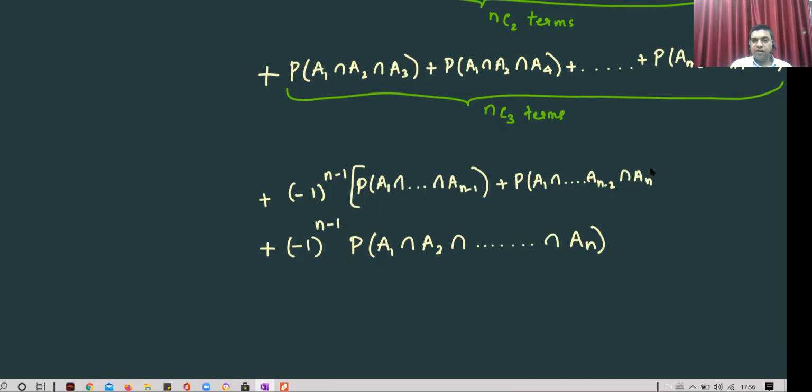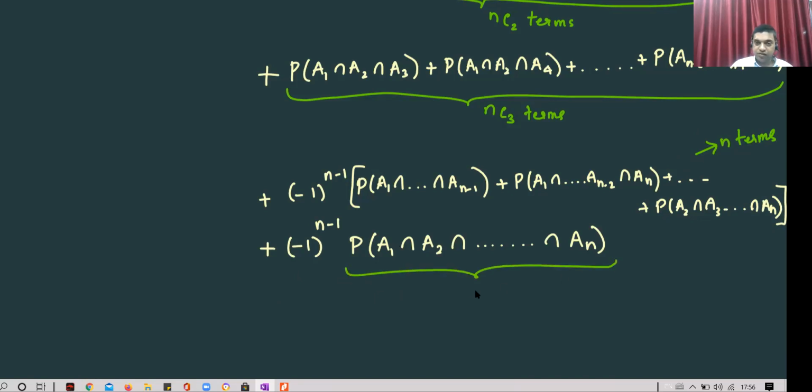You have dropped A n here; you dropped A n minus 1, like that, last you will get A2 to AN, you have dropped A1. So how many terms will you have? N terms. These are important because in some tricky problems, they will use this. And the last one will be only one term.